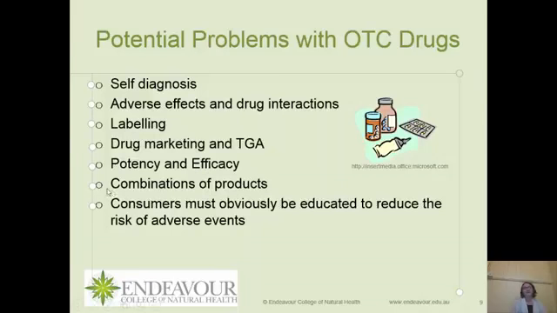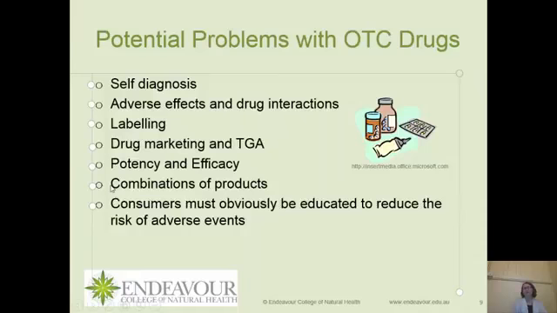Now, as we said, OTC as a classification could overlap with a whole variety of other classification systems, and some over-the-counter medications could be included in combination with some herbal medications or some dietary supplements and so on.